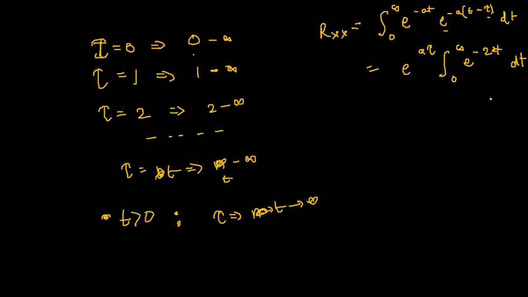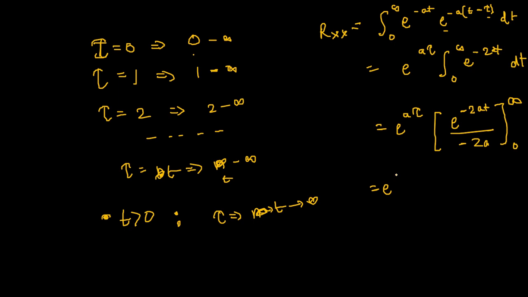dt, right? So when I go on integrating this, I get e to the power a tau that remains outside, and this will be e to the power minus 2at divided by minus 2a, and the limits that we'll put are 0 and infinity.